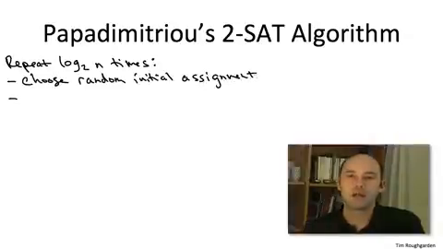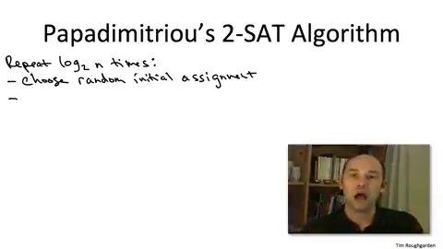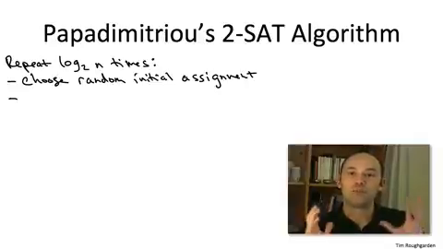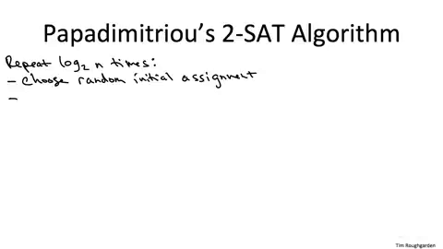After we've settled on a random initial assignment, we just do local search. That is, we just keep flipping variables, trying to improve the quality of the current assignment. Now, one thing that's going to be a little bit different about this algorithm relative to the generic local search algorithm we discussed in the previous video is I'm going to place an a priori bound on how many local moves we're going to do before we give up. One obvious motivation for that is if we want a polynomial time algorithm, this will ensure that the algorithm will not run for too many steps.